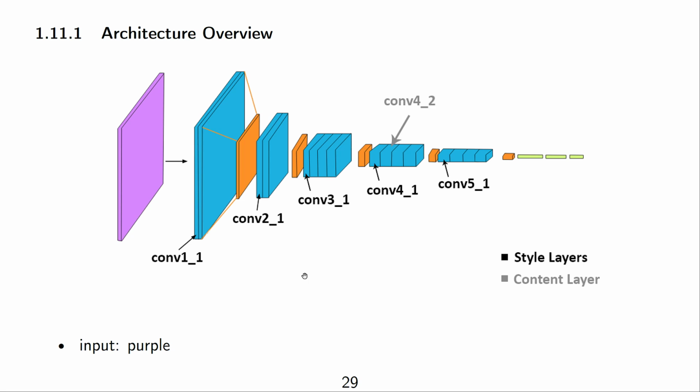Let's look at this network architecture. The input is shown in purple, which is the image of the standard resolution with 3 channels. One conv layer plus ReLU is shown in blue. So what we see here are 2 conv layers with 2 ReLU activation functions. Pooling is shown in orange, and fully connected layers are shown in green.